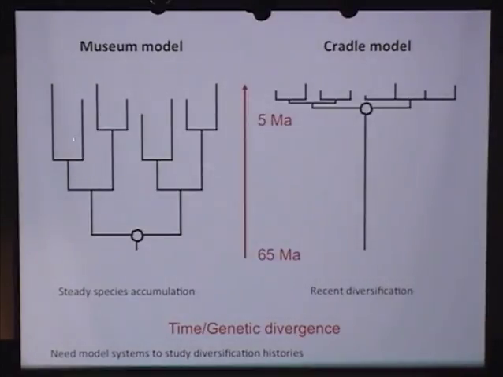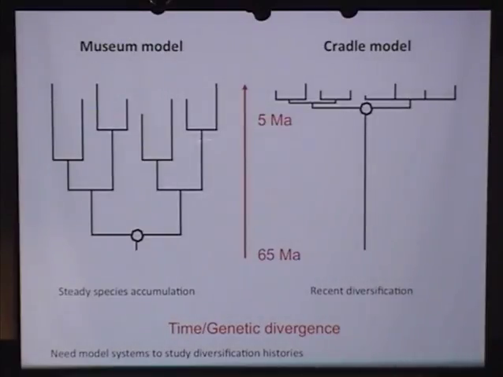You can have a museum model, where over 65 million years to the present you have a gradual diversification and accumulation of species diversity. On the other hand, at another simple extreme, you could have a model with very long branches, where there's potentially been lots of extinction, but most of the modern diversity is very recent, a radiation, a burst of speciation.